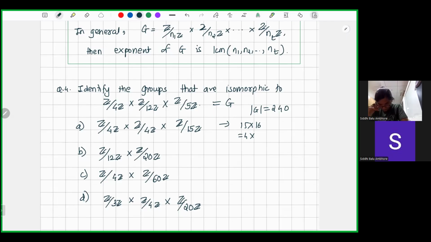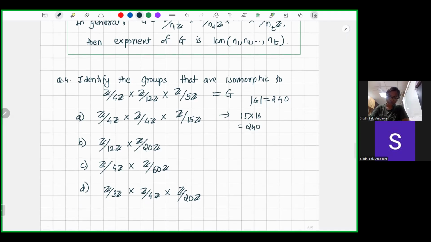This is again 240. And now this is 12 into 20, that is again 240.